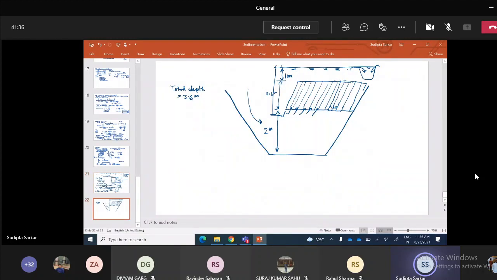If you now look at the elevation view, the water enters from here, and there is a barrier here, so it cannot go in from here. So it goes from the bottom and goes up like this, and then it gets collected.